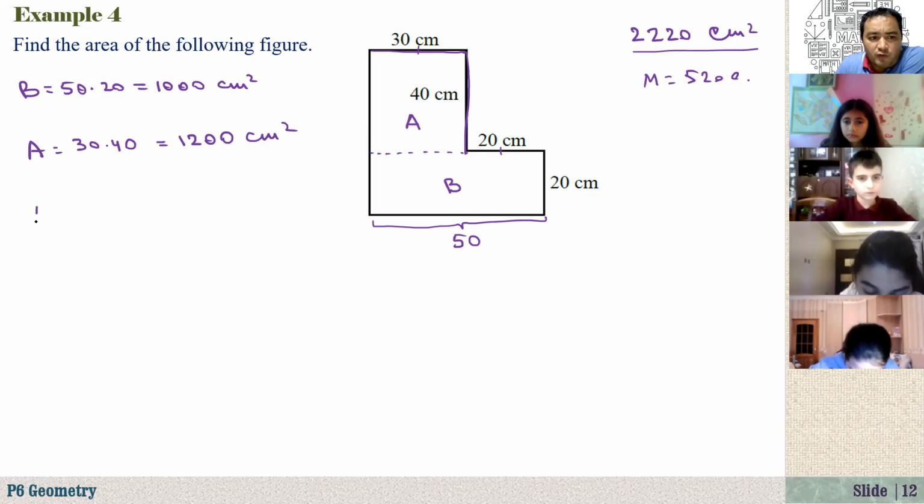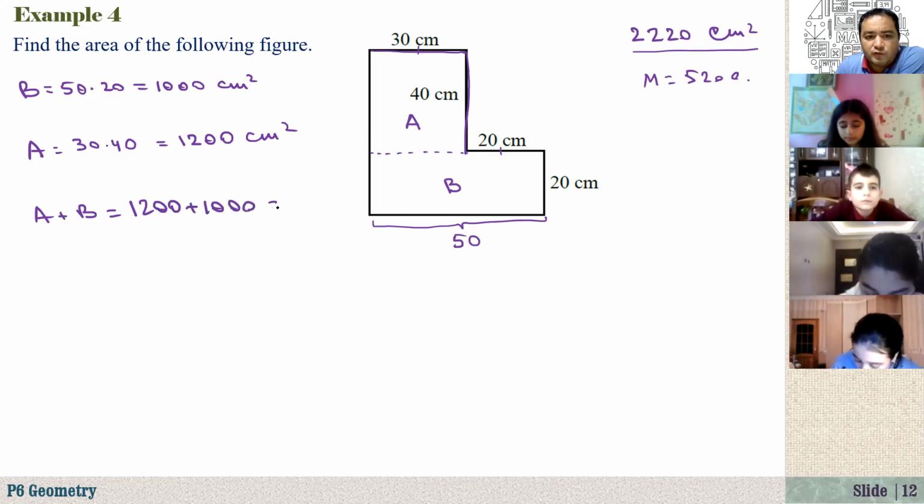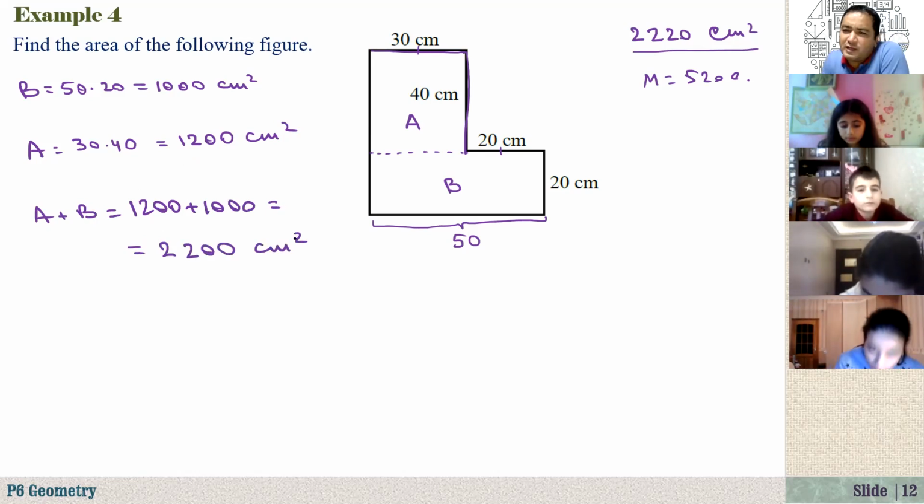So now the total area, that's A plus B, is equal to 1200 plus 1000, which is equal to 2200 cm squared. Elmira, you said 2220, right?